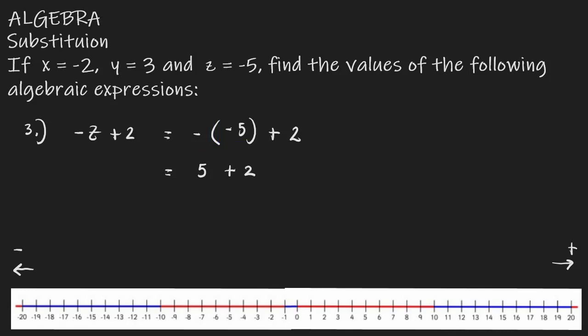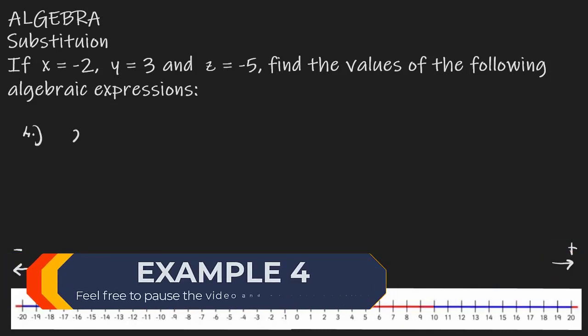So using my number line, my starting point is at +5, and I am adding +2 to +5, so I'm jumping to the right 2 spots. So I go 1, 2, I land on +7. So 5 plus 2 is equal to 7. That is my answer.